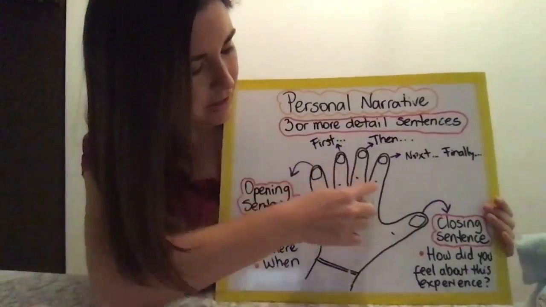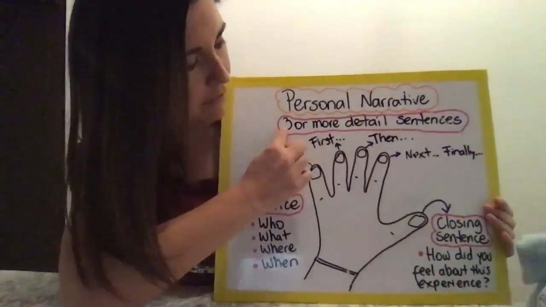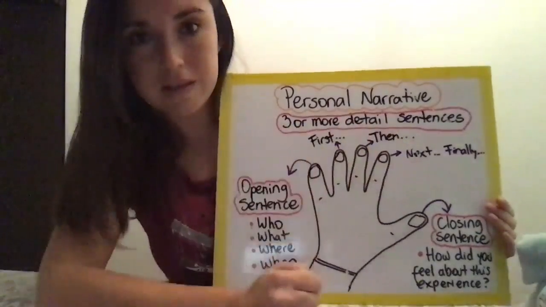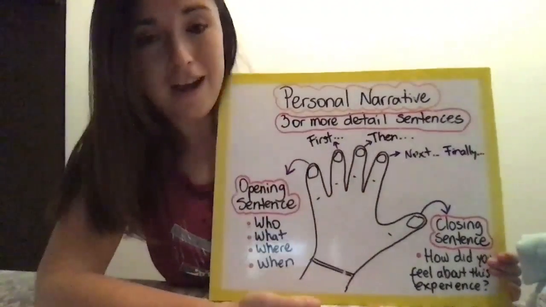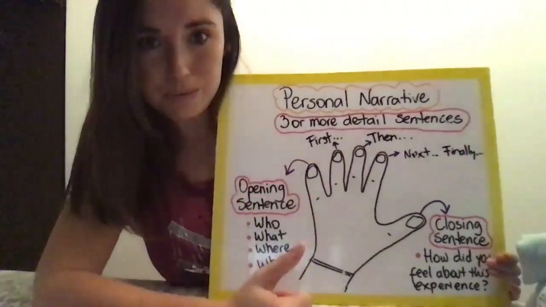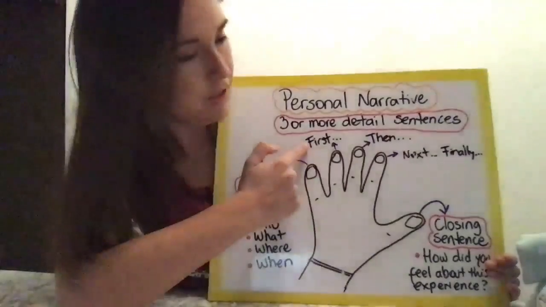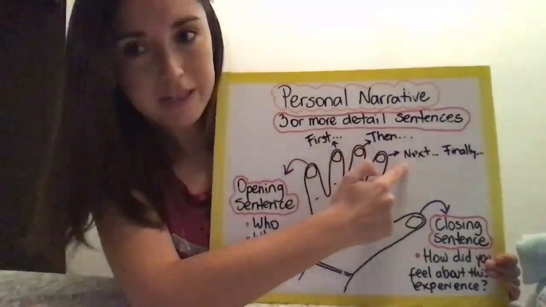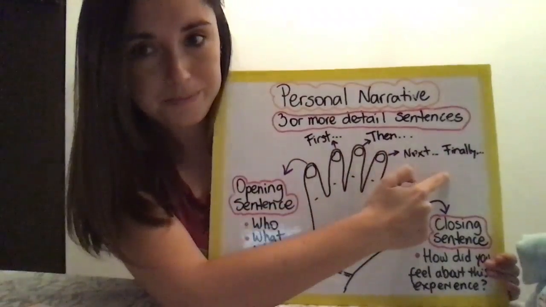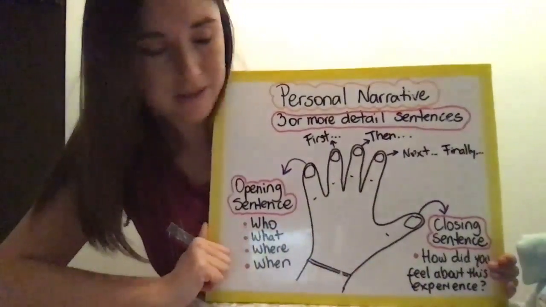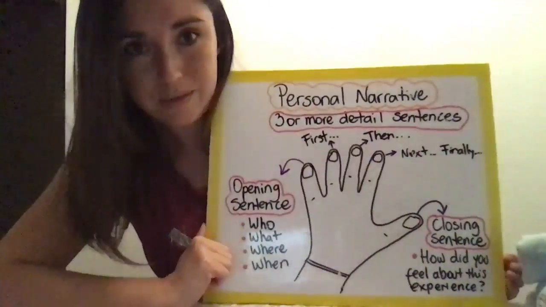Then, in these fingers, I can have 3 or more detailed sentences. For this, I can use sequence words that you learned how to use last year. For example, first, then, next, and finally. How am I going to end? With a closing sentence.